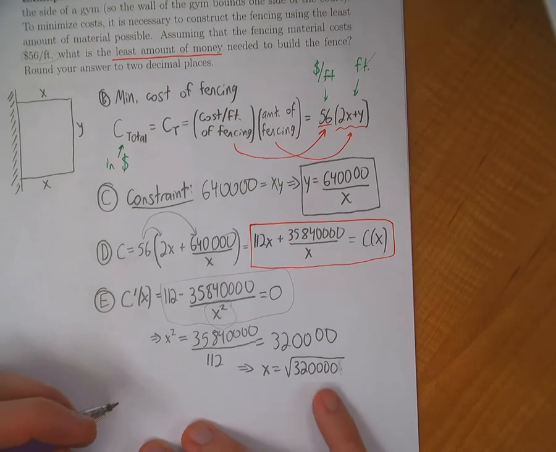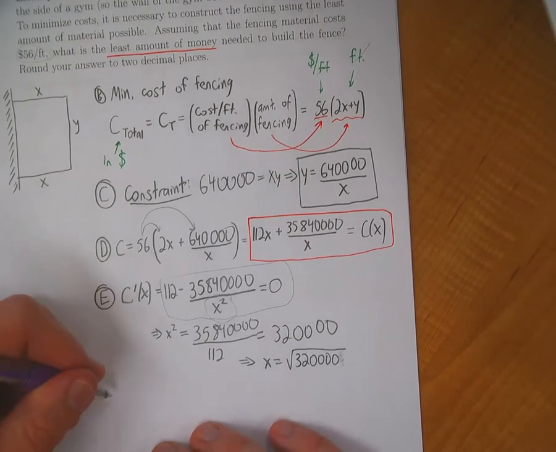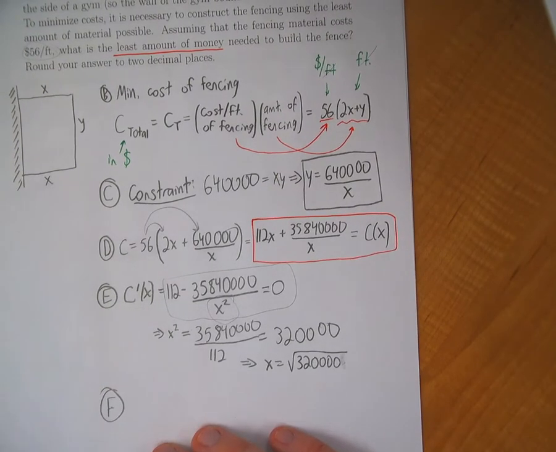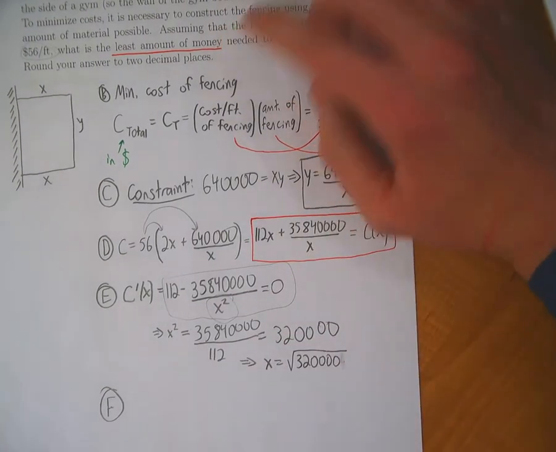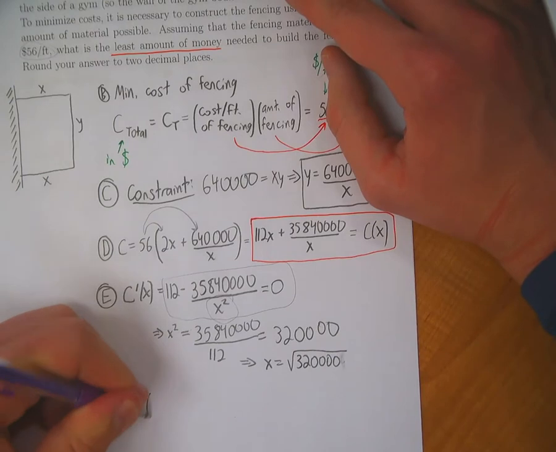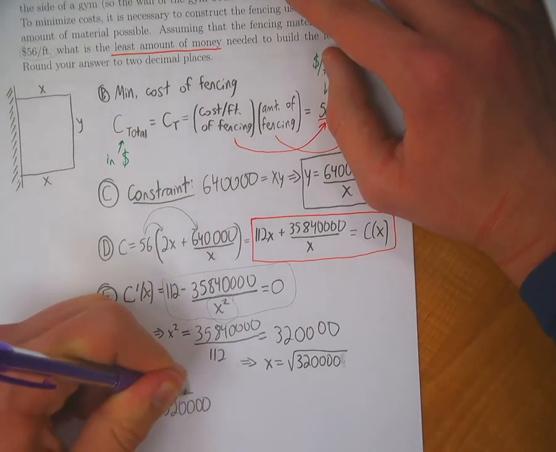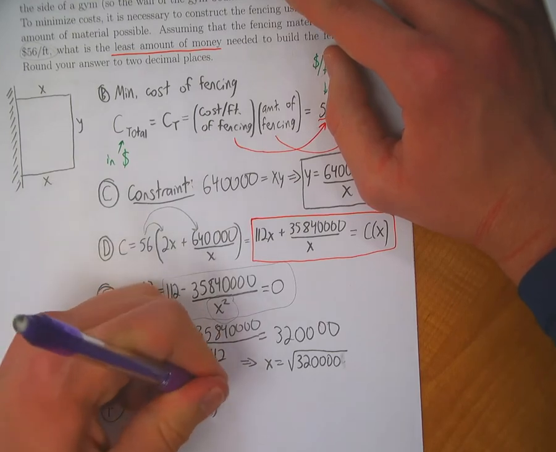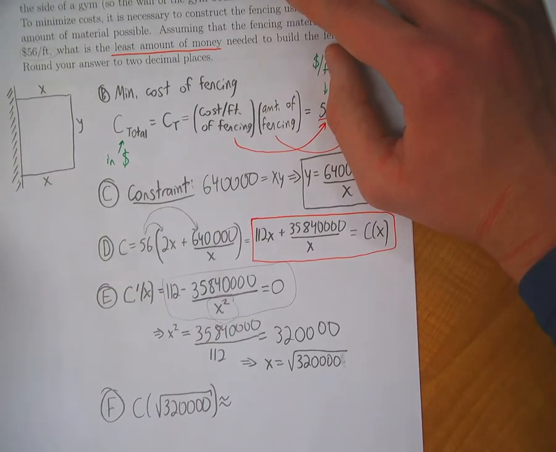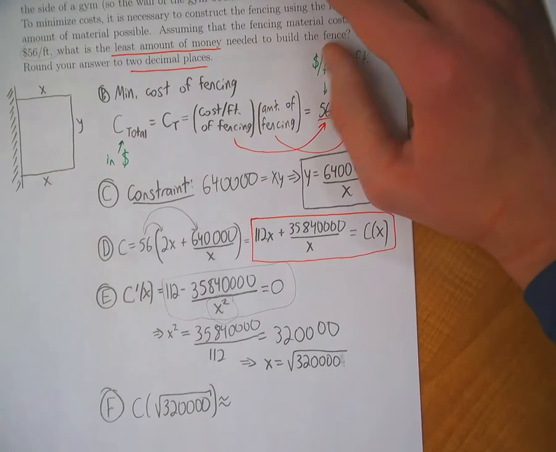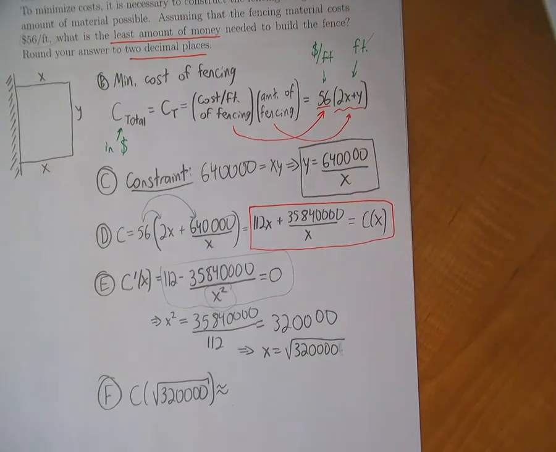Okay, so from here, let's go ahead and plug this into our cost function because that's ultimately what we need here. So C of the square root of 320,000. If we plug this into a calculator and round to 2 decimal places, then what should we end up with as our final answer?